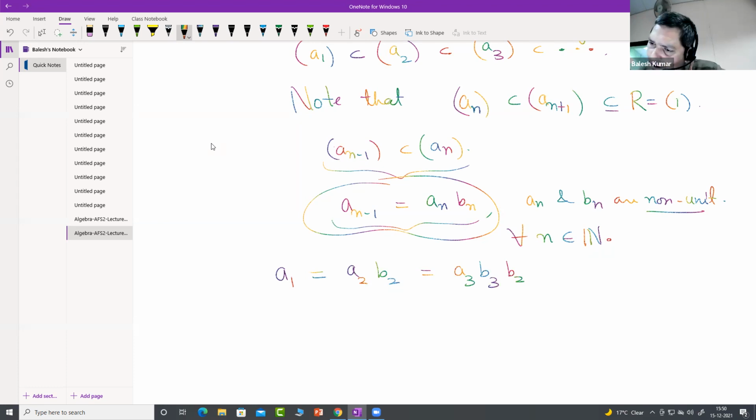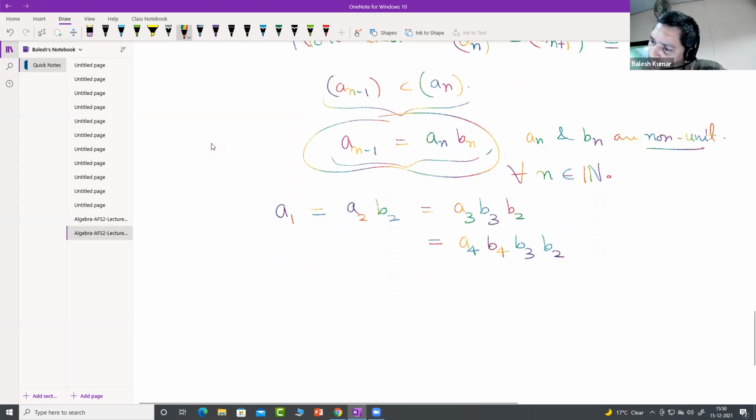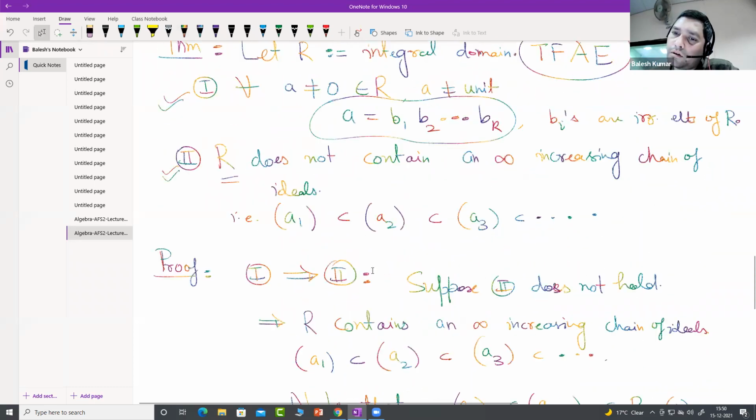If we apply this process again, A3 can be written as A4 B4, and then we have B3, B2. Similarly, if you continue this process, you see that A1 has a factorization which doesn't stop, which contradicts the fact that one is true.